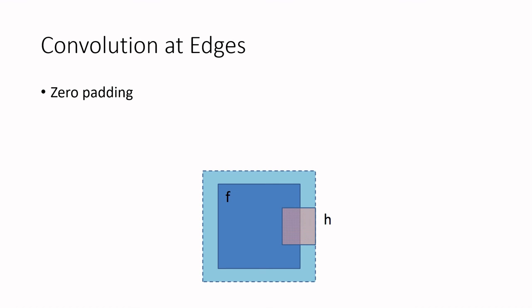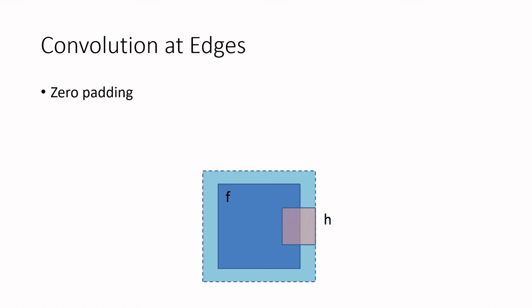So that's basically what we call convolution at edges. And to do the calculations, as we did in the previous case, we did not do any padding. So basically from an 8 by 8 input, we ended up with a 6 by 6 result using a 3 by 3 convolution mask.